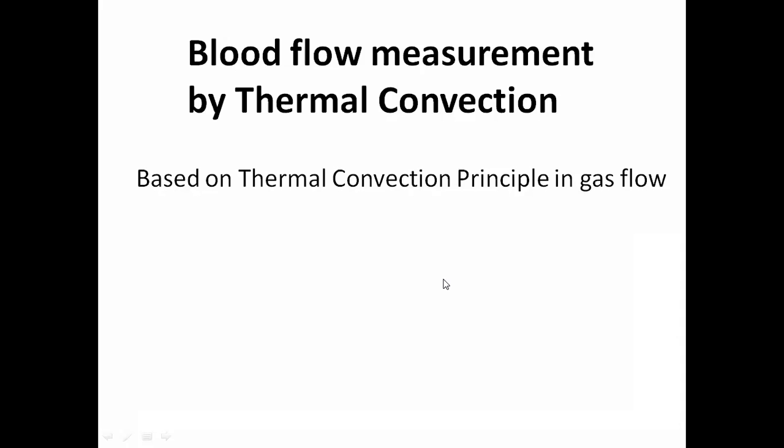Before the heater we have one sensor, after the heater we have another sensor. We consider the difference of these two sensor outputs, and that voltage difference represents the velocity of the blood flow.